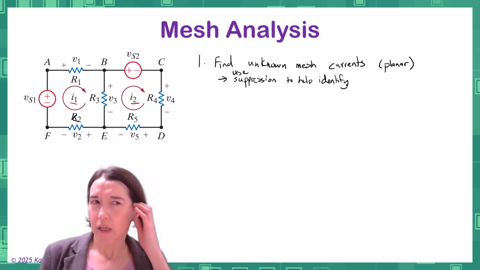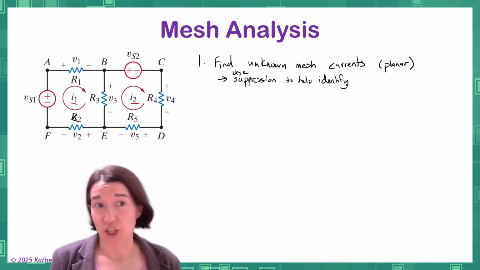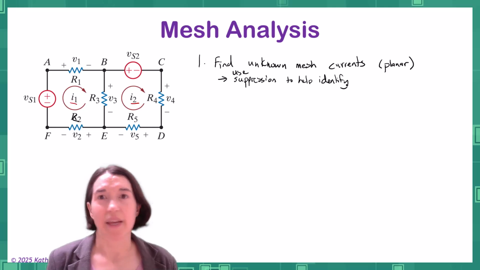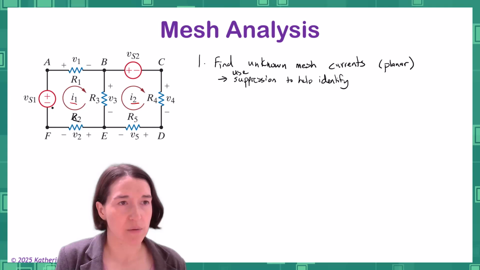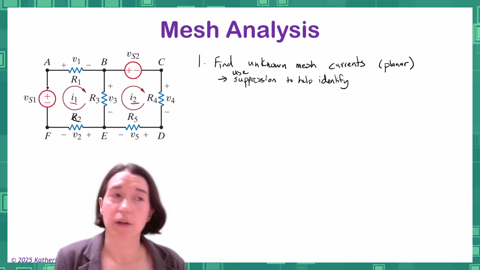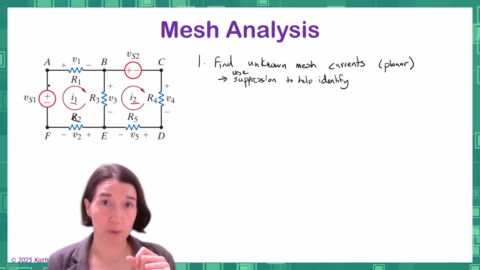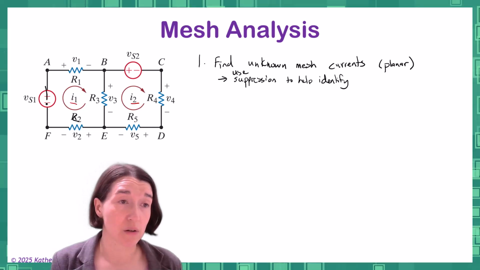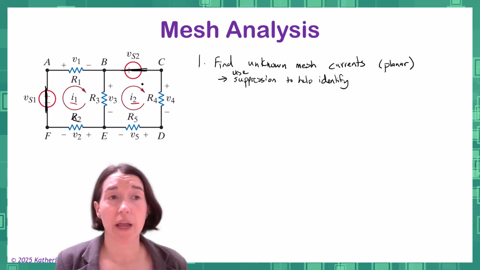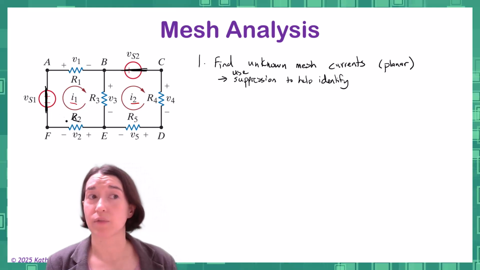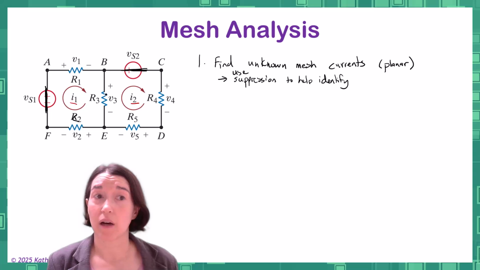Okay, so we've drawn I1 and I2, those are mesh currents, but are they independent? Well, we can use suppression if we're not quite sure. We can go to our voltage sources. When they're suppressed, they become zero-volt shorts. So we short here, and we short here, and we see that we have the same loop currents.